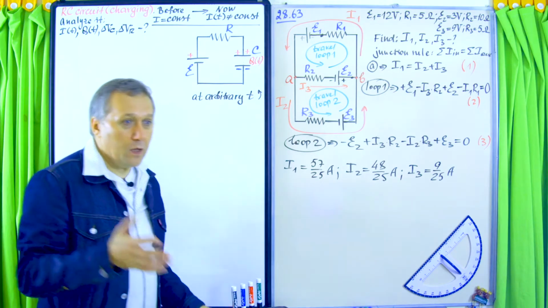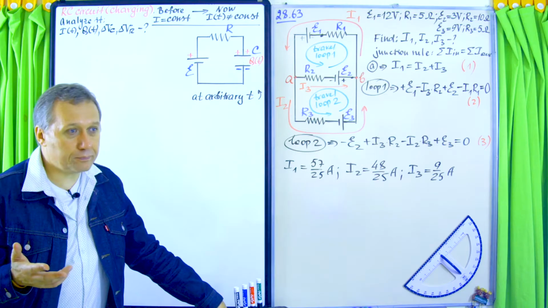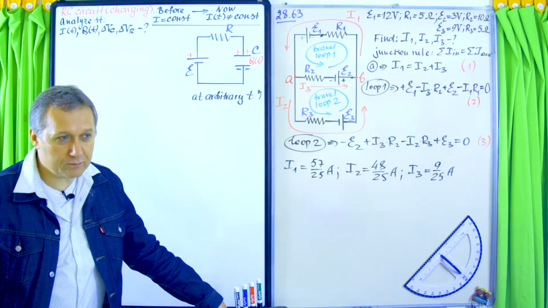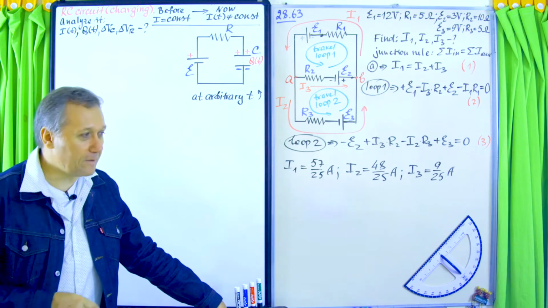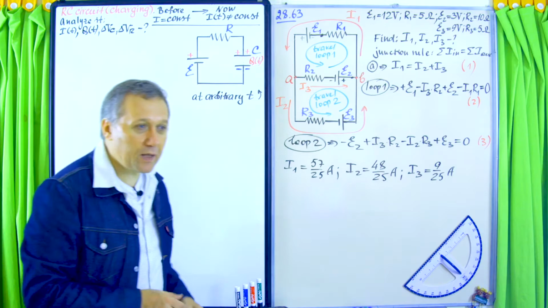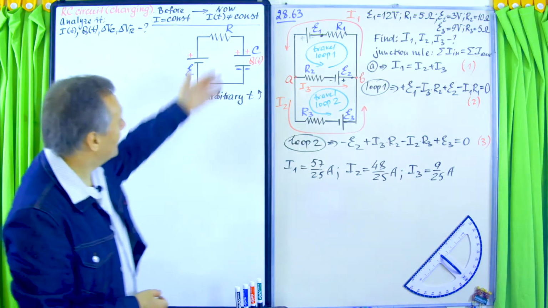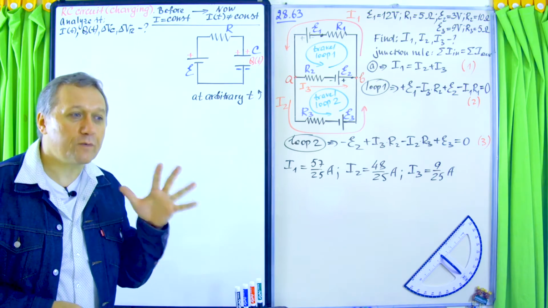All right, so then, which method can be used? Kirchhoff rules, they're universal. So let's just grab them and try to use them. The only thing new is that we never applied Kirchhoff rules in the presence of a battery and a capacitor.